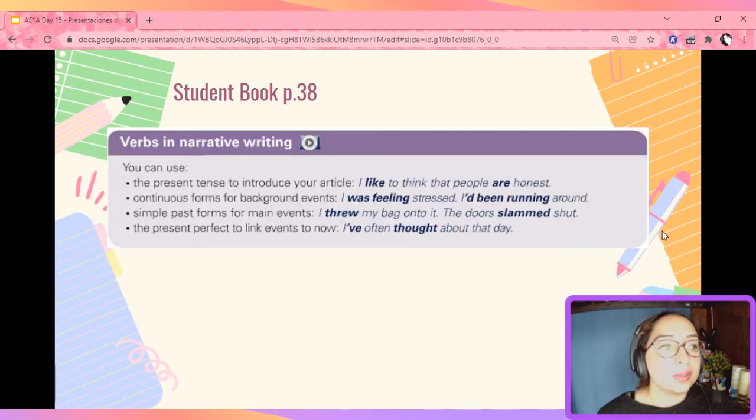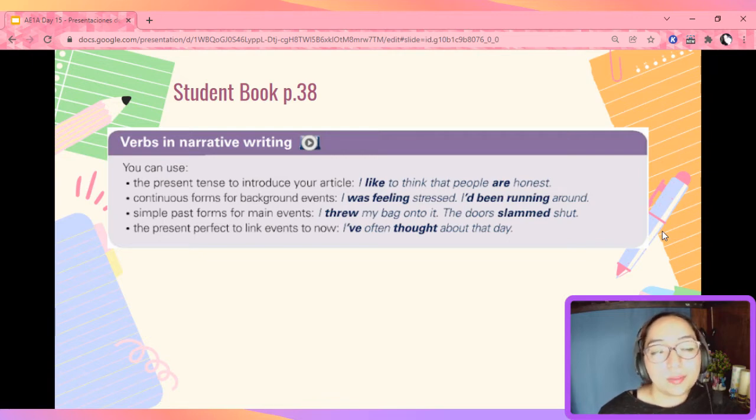So, today we're talking about verbs in narrative writing. We use present tense verbs to introduce the article, because here I'm just telling you what the story is going to be about, right? A general idea. I like to think that people are honest. Then, when I tell you about the background events, like general information, it is very common to use continuous tenses, like "I was feeling stress," "I had been running around."